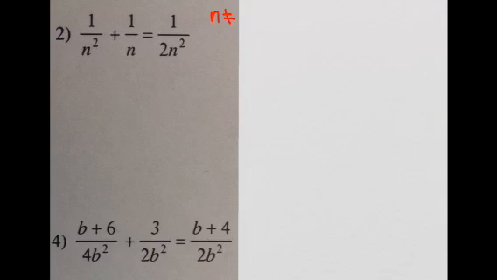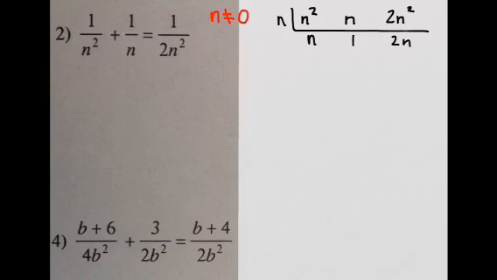So for number 2, we look at the denominator to identify any excluded values, and again, just like number 1, n cannot be 0. Okay? For the LCD, I'm going to set it up here on the side. I put all 3 denominators, and the common factor of all 3 is n. So I'm going to factor out an n. That gives me n here, 1 here, and 2n right here.